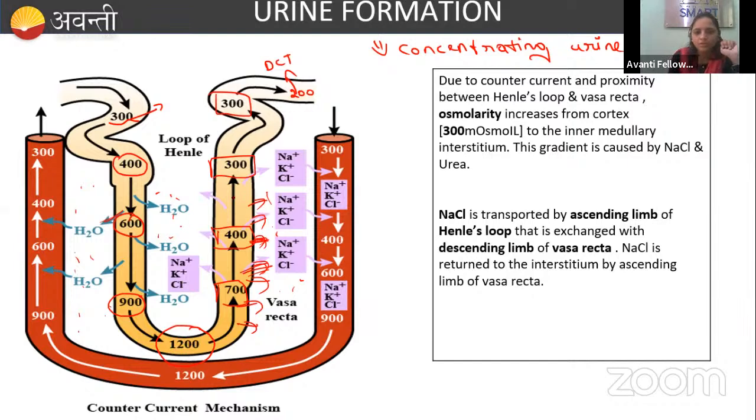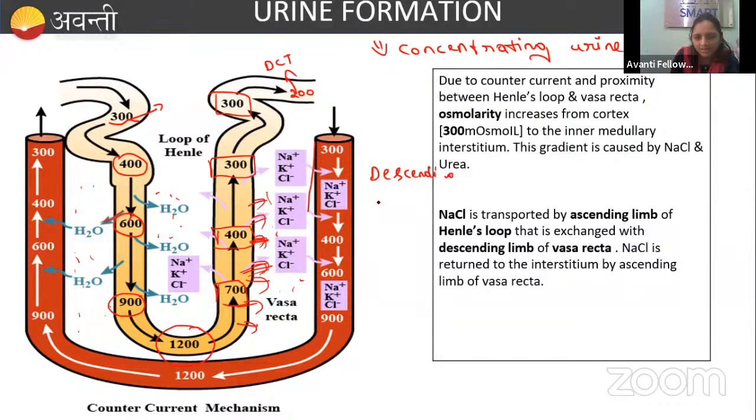So now let us talk about the counter current, how it is exchanging with the vasa recta. Here you can see, guys, the vasa recta, you know, is formed from the efferent artery, right? Opposite to the ascending loop of Henle is the descending vasa recta.